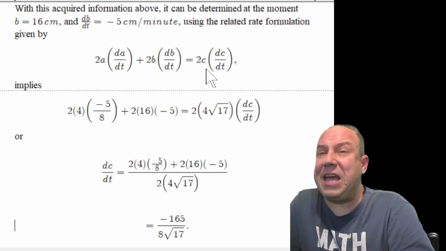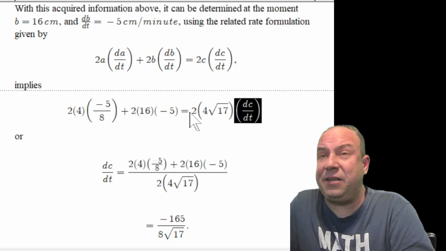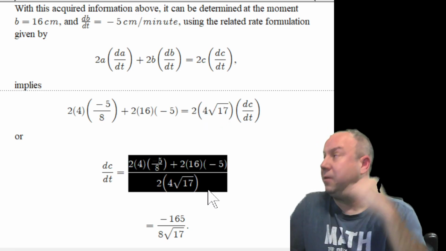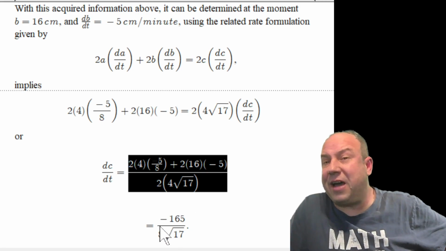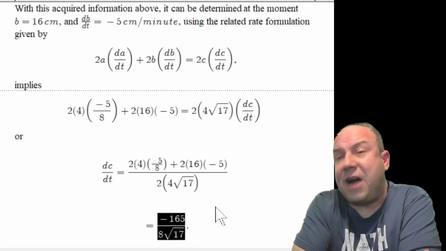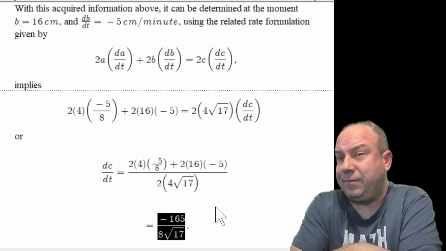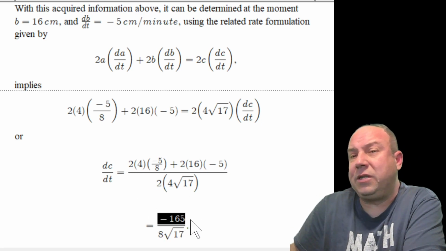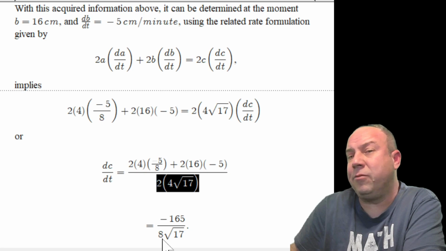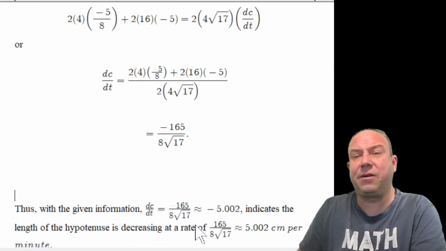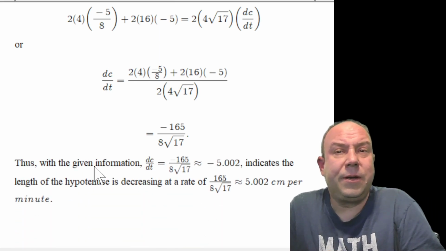And if we solve for that dC dt by dividing 2 times 4 root 17 on both sides, and then simplifying that statement, we will get negative 165 divided by 8 root 17. Simplifying the numerator into negative 165 and the denominator into 8 root 17. Now, I do believe we could rationalize the denominator on that, but that's not our biggest concern. All right.